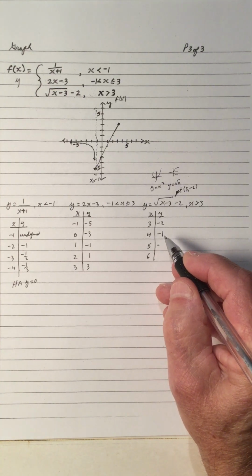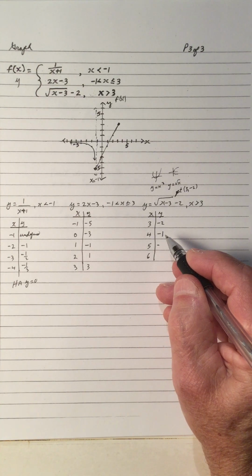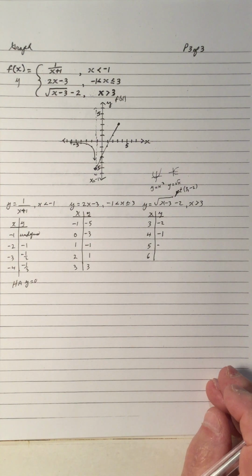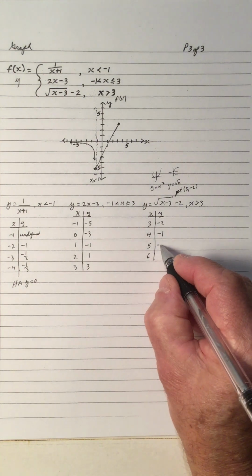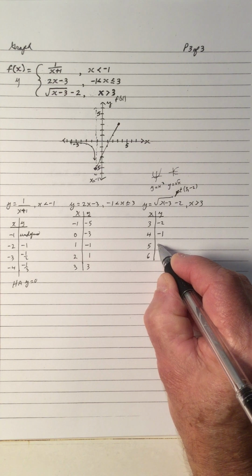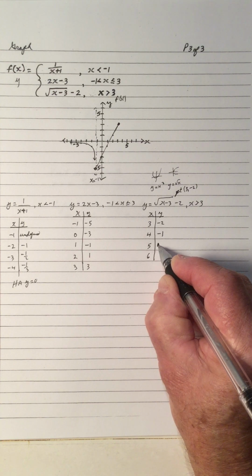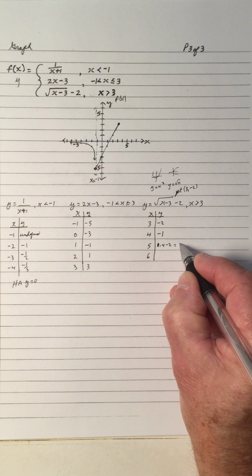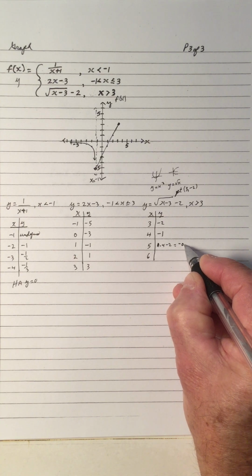If I take my calculator, the square root of 2 is about 1.4. So 1.4 minus 2 gives me a negative 0.6.